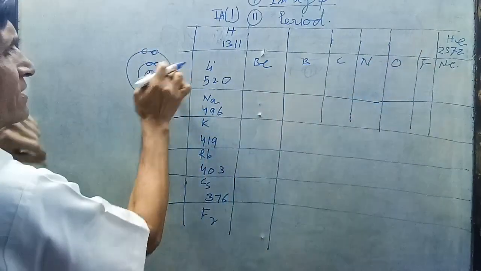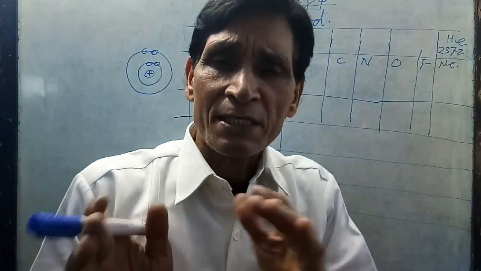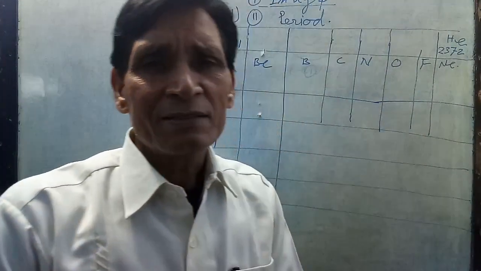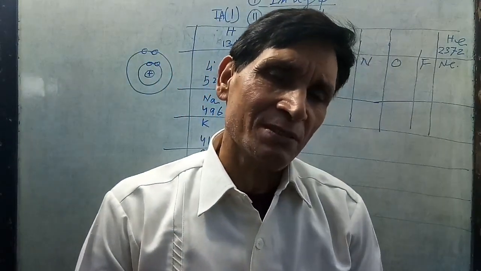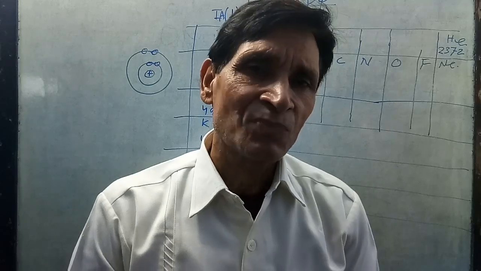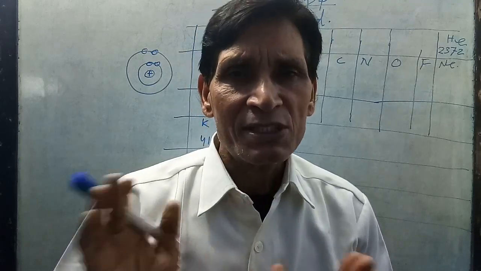But the number of shells will remain the same. The electron coming in the same shell does not screen the nucleus properly, and the result is that nuclear pull on the outer electron increases and atomic size decreases.